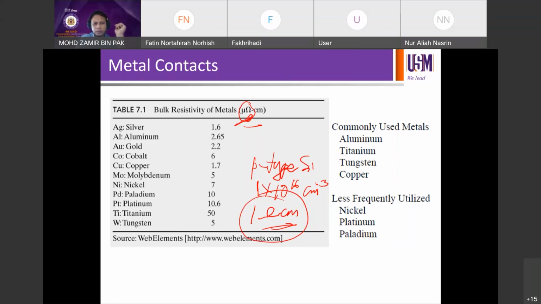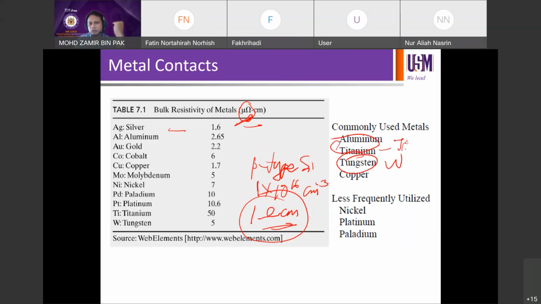So this bulk resistivity will be a very crucial part in choosing which metal to use for your device fabrication. Commonly used metals are aluminum, titanium, tungsten, copper. When you talk about the plug, you're talking about tungsten deposition. Titanium, we discussed about the silicide formation.